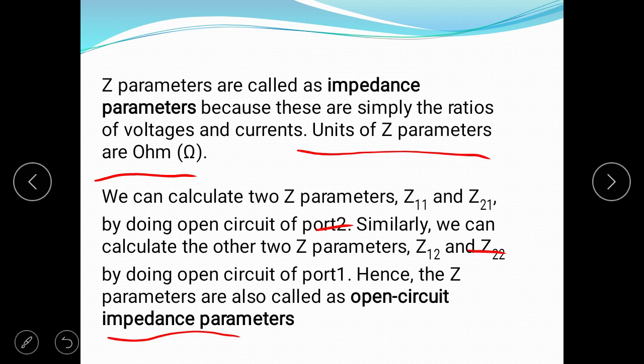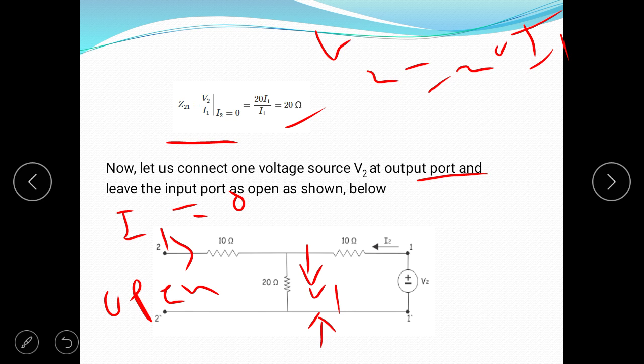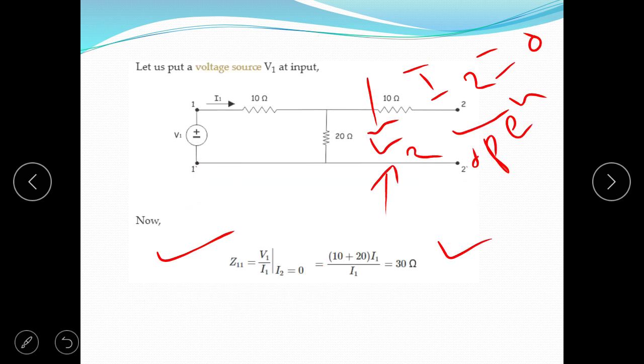Z parameters are considered open circuit parameters of the two-port network. The value of Z parameters we can directly obtain, and we can also obtain them by writing KVL equations at both the ports.